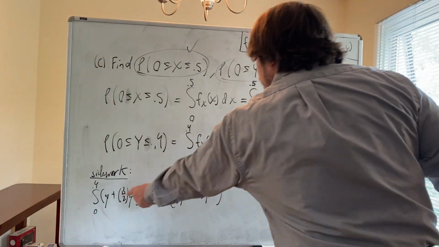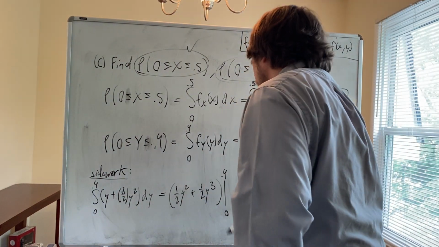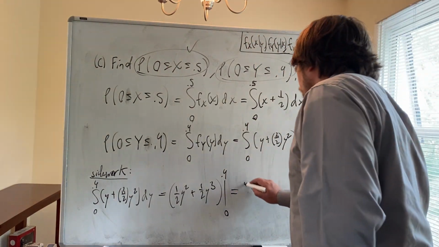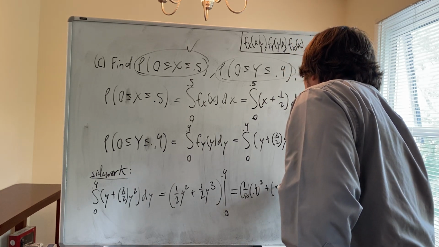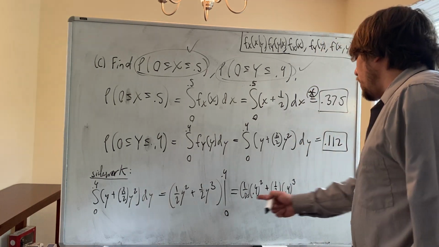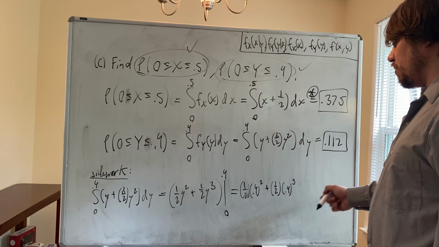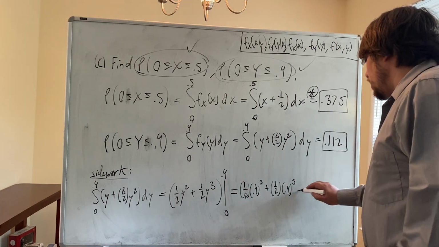You evaluate it from 0 to 0.4: 1/2 times 0.4 squared plus 1/2 times 0.4 cubed, minus what you get when you plug in 0, which is 0.